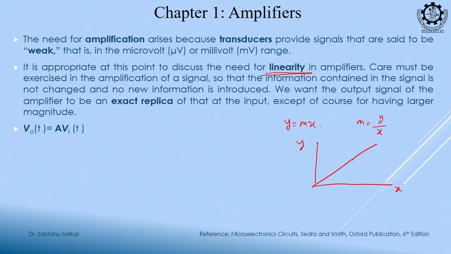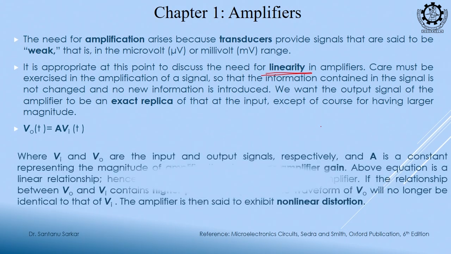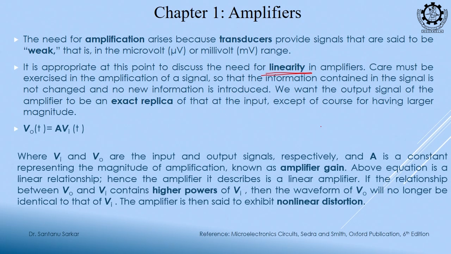So, this kind of signal are known as a linear signal, okay, clear. So, this is your m. Now, if you have in this signal higher powers of Vi, then this no longer remains as linear signal. Then we will say that some nonlinear distortion is introduced, okay, then linearity will be lost.